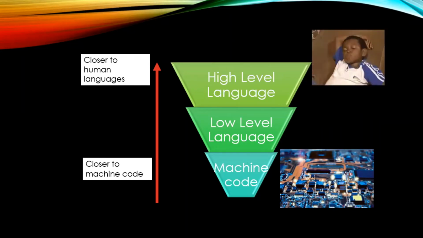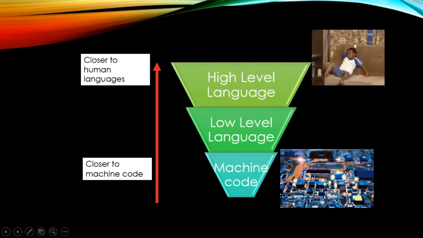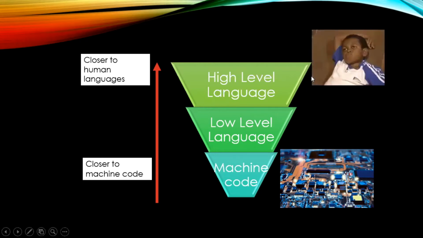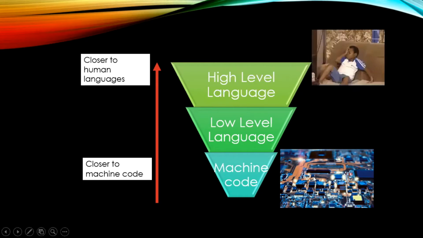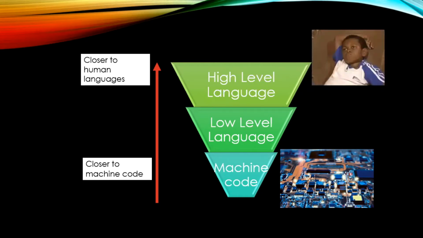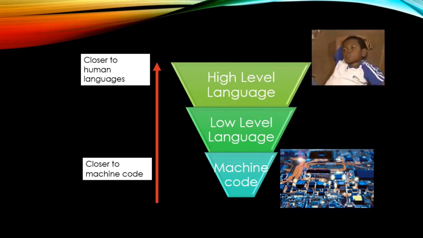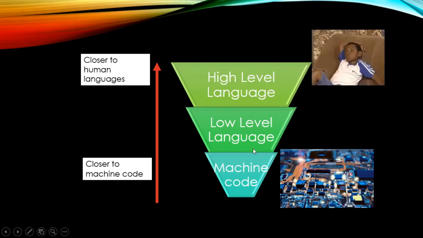So at the top level, we have high-level language, which is closer to human beings' languages, and at the bottom level we have machine code, which is closer to binary because they are mostly related to hardware. And in between, we have the low-level languages. These languages are found in the middle because they contain very little English keyword, but most probably a little hexadecimal.